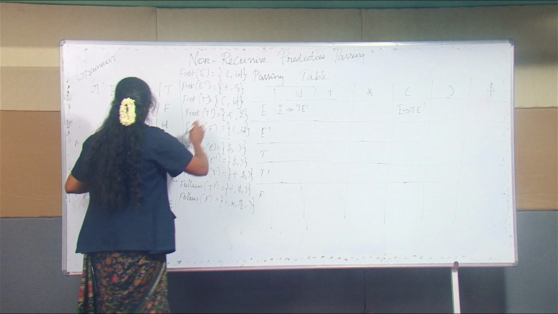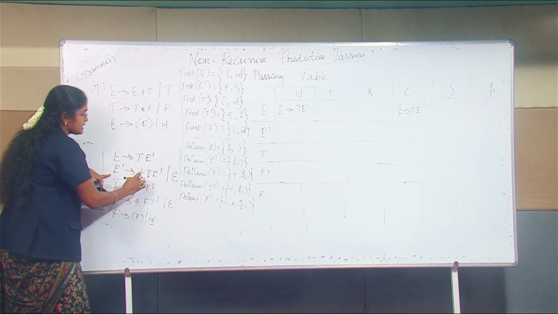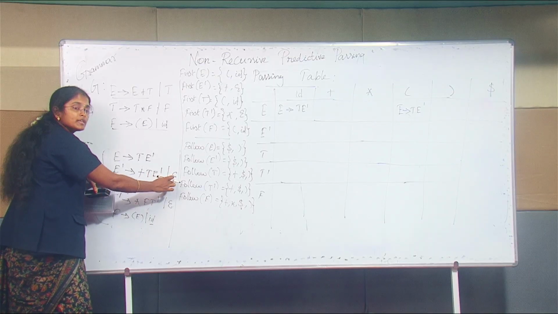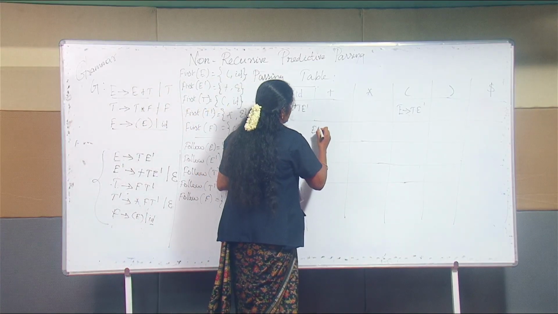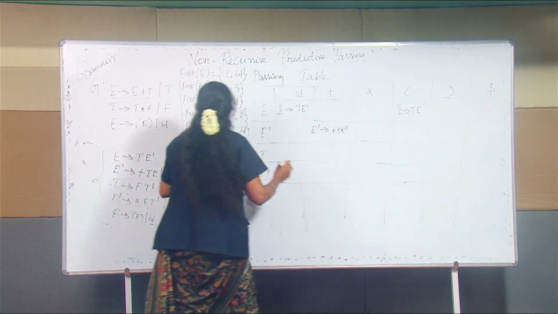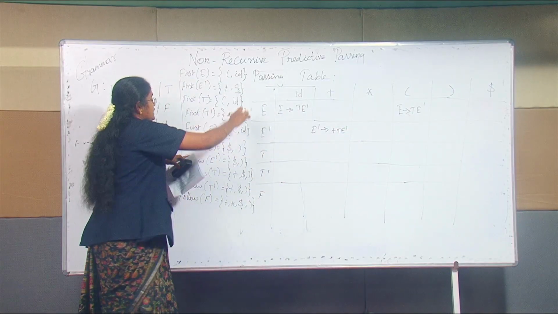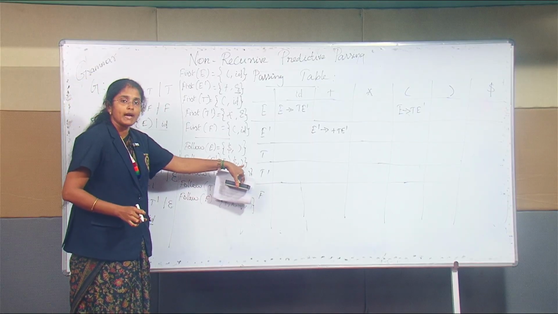Here for E dash we are having two productions, that is E dash tends to plus T E dash or epsilon. So we need to write the production plus T E dash under plus. Then for this epsilon, we need to check the follow of E dash. The follow of E dash is dollar and close bracket.